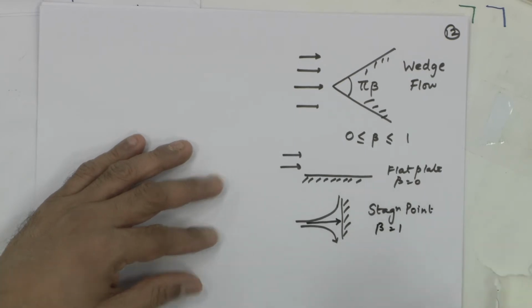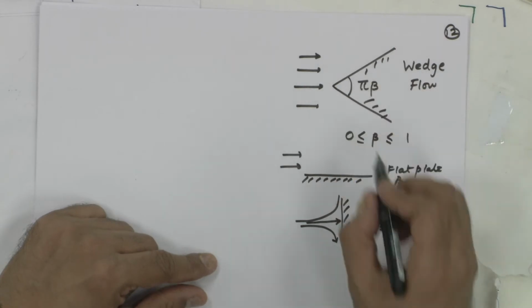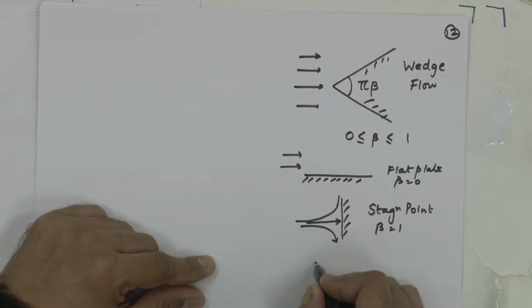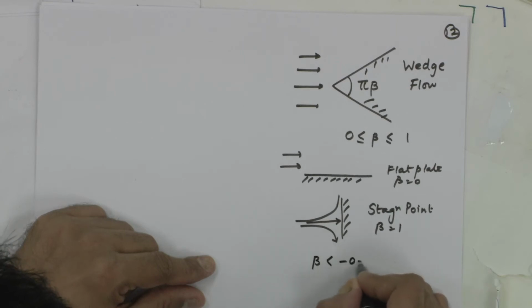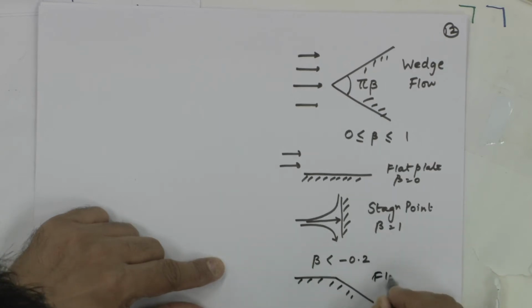Any angle beta would give rise to different solutions. When beta is less than minus 0.2, this corresponds to a wedge which is like this. This is the case of flow separation.